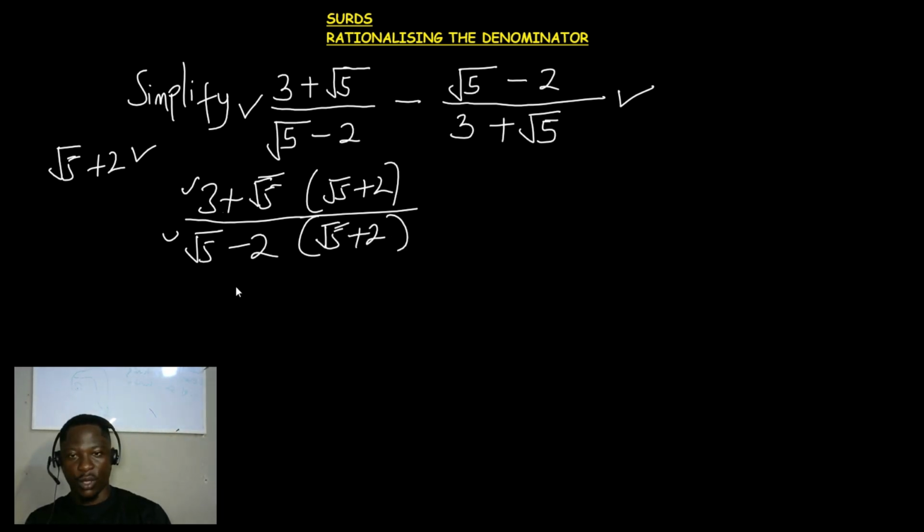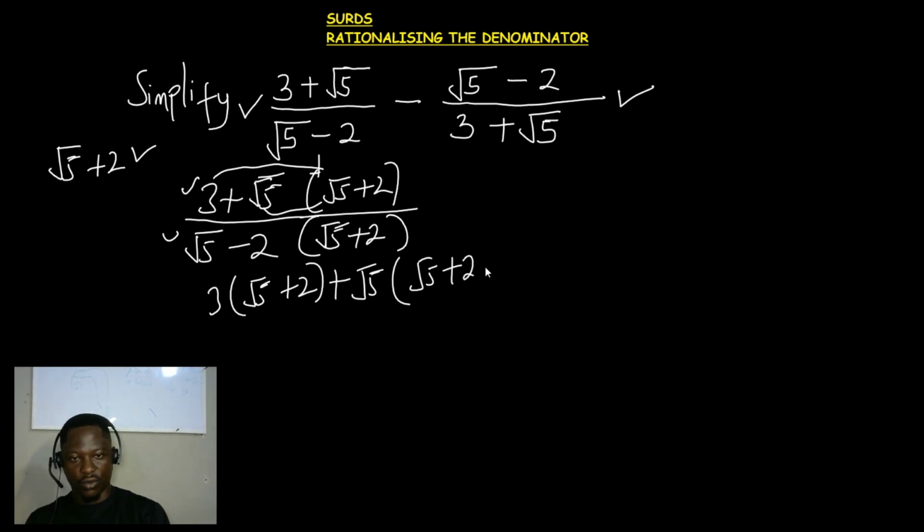So here we are multiplying 3 plus root 5 by the conjugate. First, let's multiply this 3 by the conjugate, and when we are done, we also multiply root 5. Here it's going to be 3 times (square root of 5 plus 2), and then square root of 5 multiplied by (square root of 5 plus 2), all over the same thing.